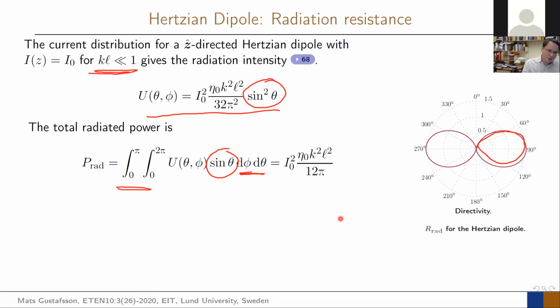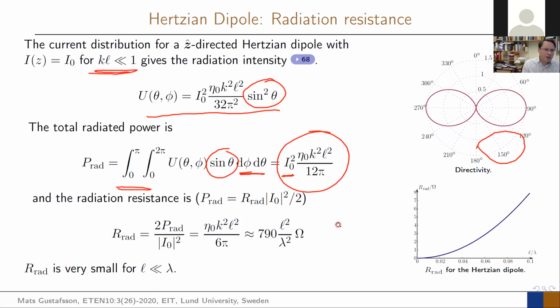And we did this also last lecture, and the number here is what comes out. So this is the total radiated power. Now I know the total radiated power from a short antenna, which has a current I0 in the feed, which means I can compute the radiation resistance.